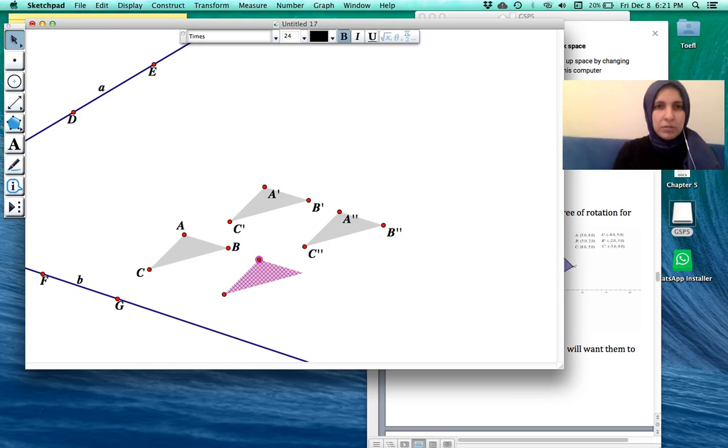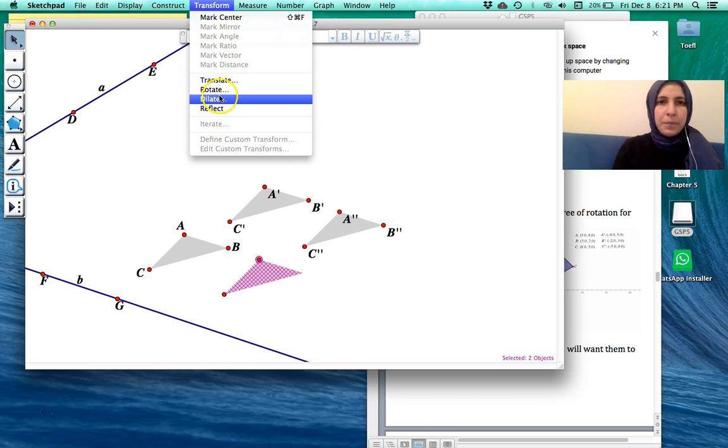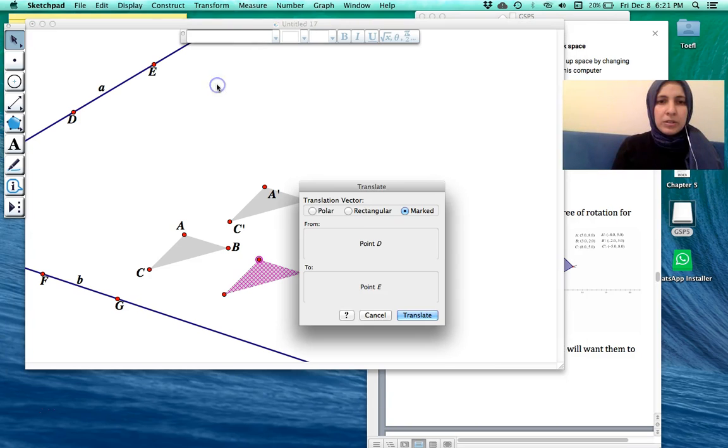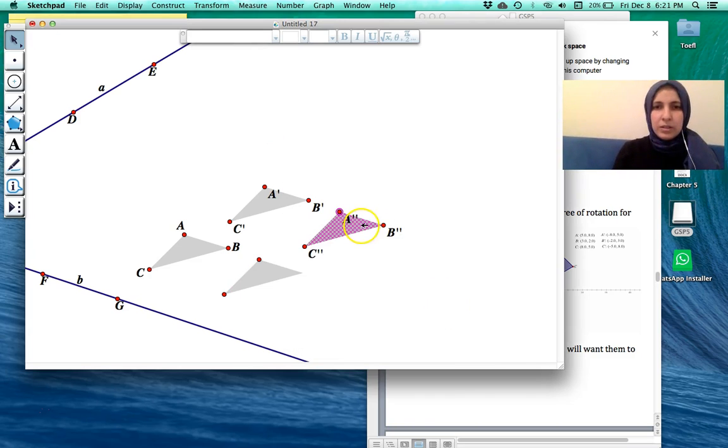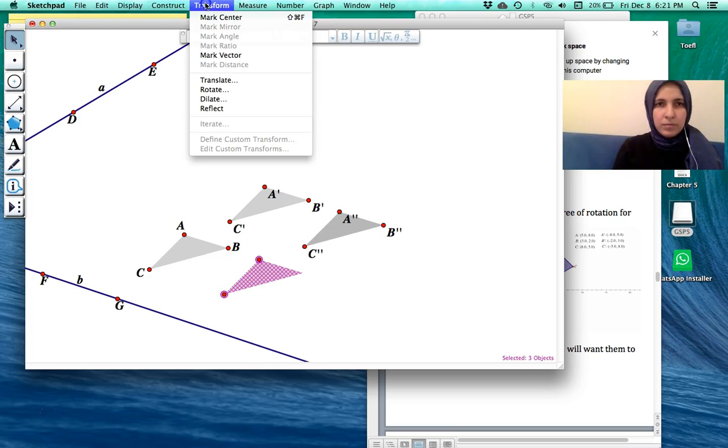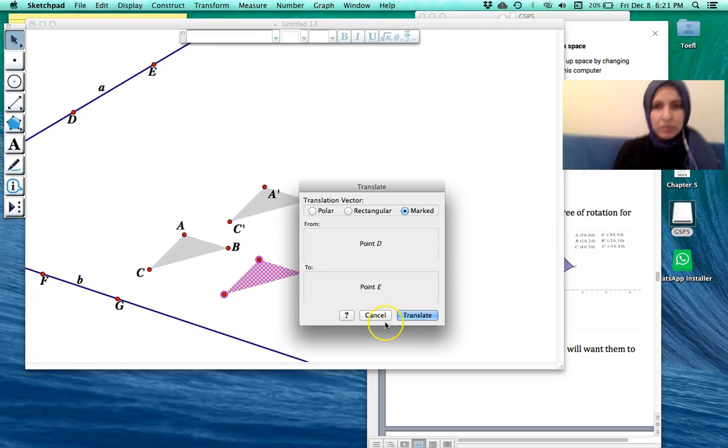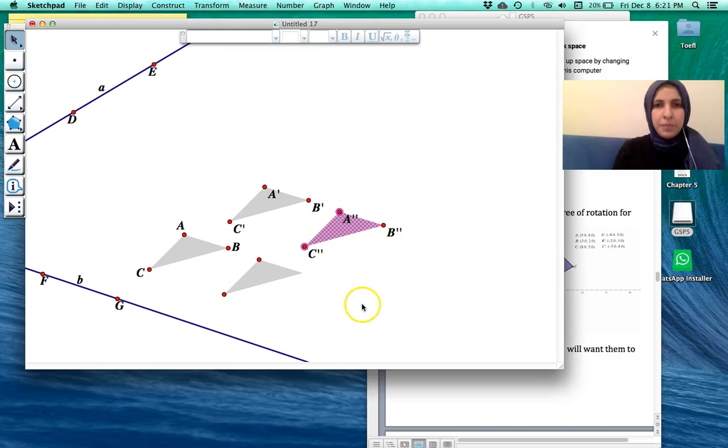It will be better to make a separate one, then translate it. Yes, yay, again I got the same thing. I made it again and then translated DE. Yay, I got the same thing. And what does it mean? The compositions of the results are equivalent.